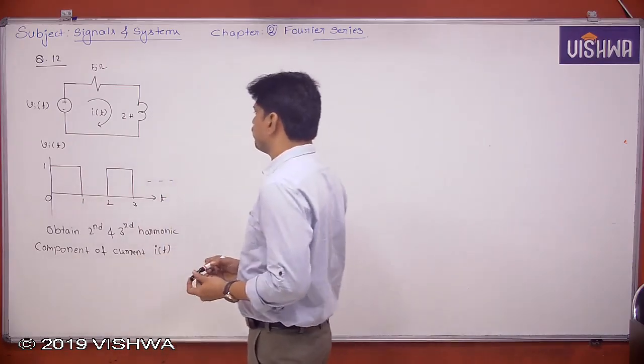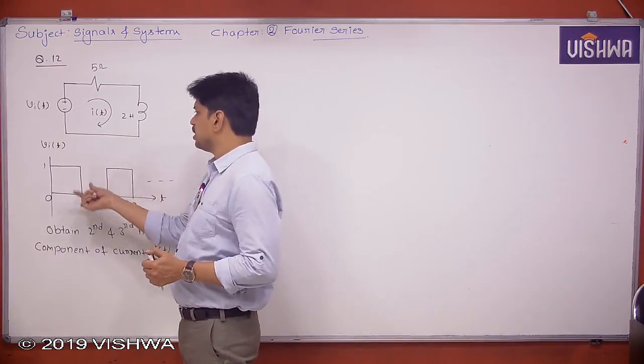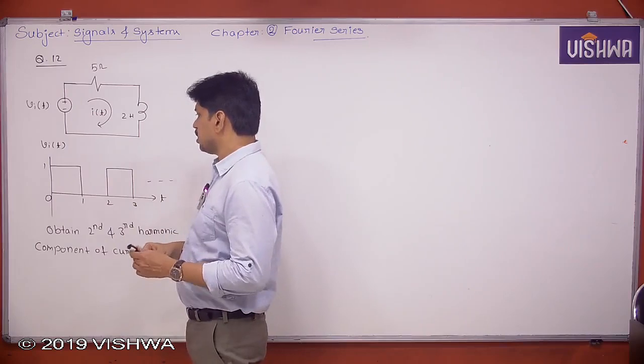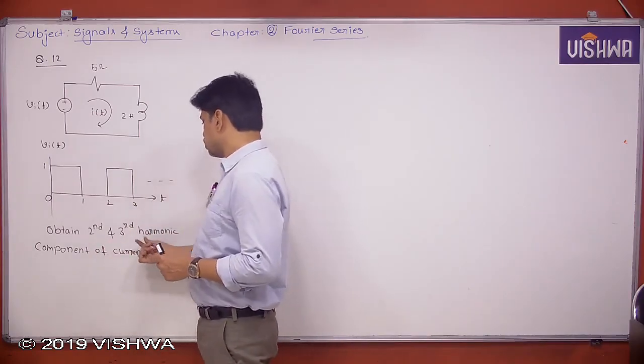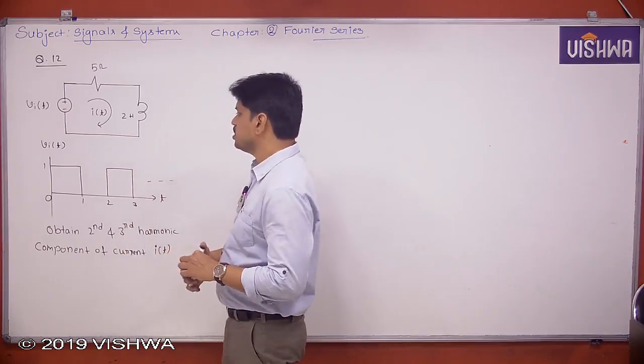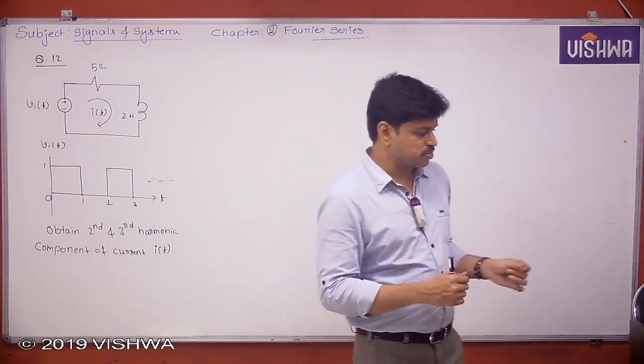So they have given Vi of t and they want to calculate I of t, but not everything. They want to calculate only the second and third harmonic components. How can we solve this?